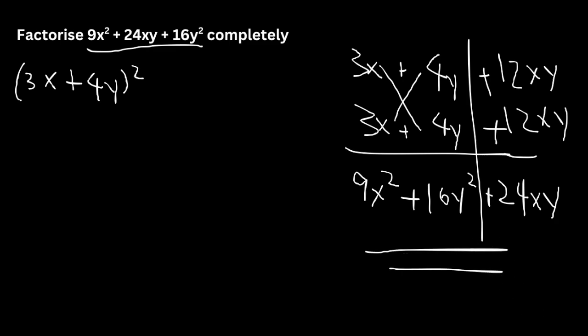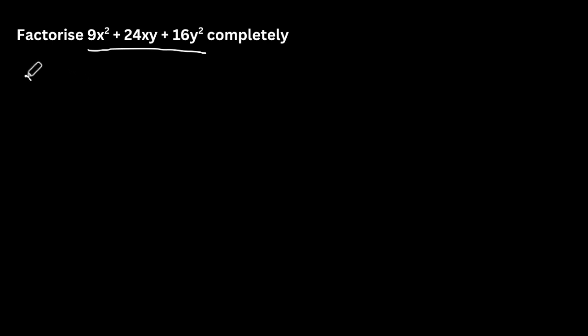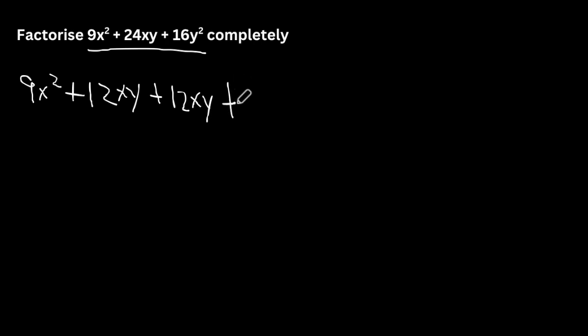There's also another way of solving this, and let me show you how. That's really by splitting up the equation. So you have 9x squared. Let's split up 24xy into 12xy and another 12xy. And you have your 16y squared.